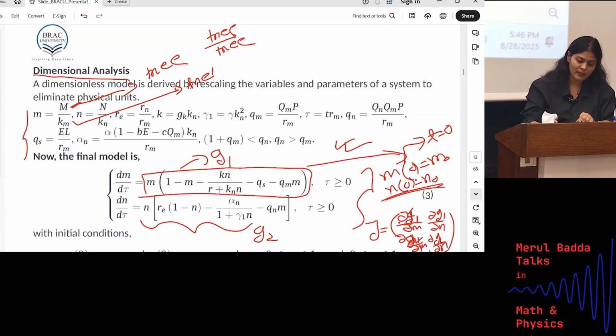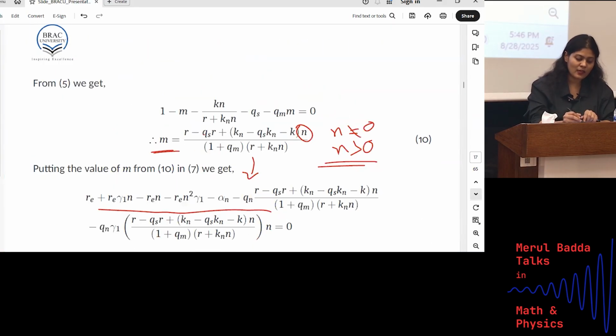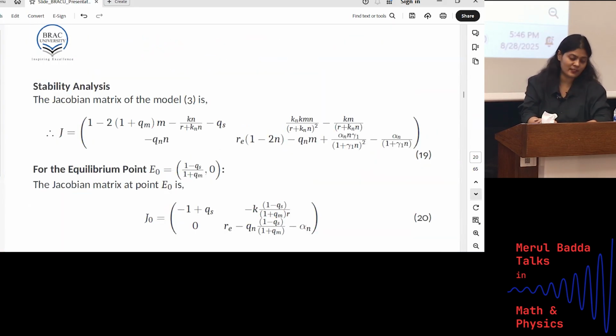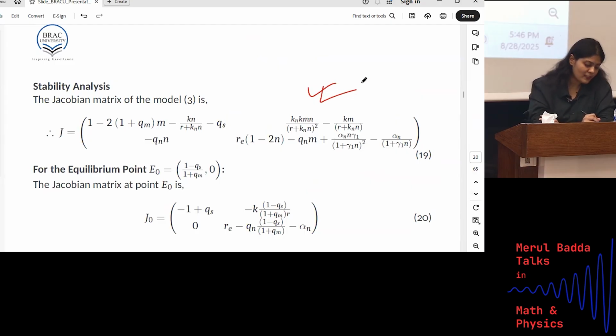So for this model, this is our final Jacobian matrix. We found two equilibrium points, the beetle free equilibrium point, or boundary equilibrium point. We put the value of this equilibrium point in our Jacobian matrix, and we find the Jacobian matrix J0 for this equilibrium point.